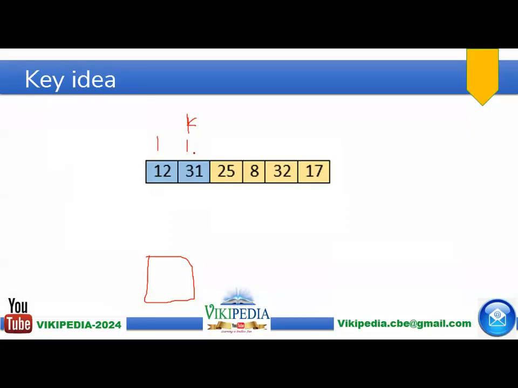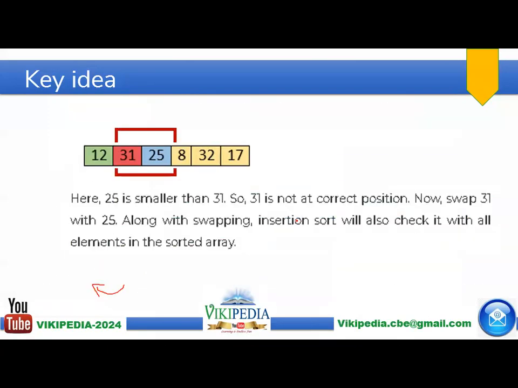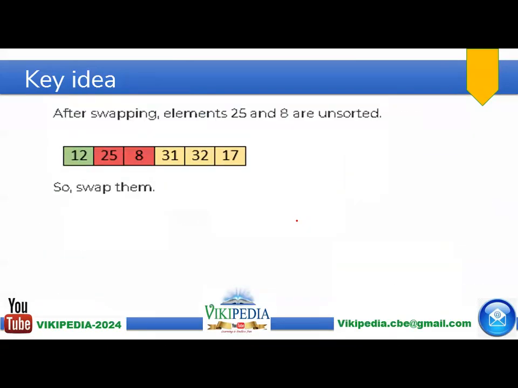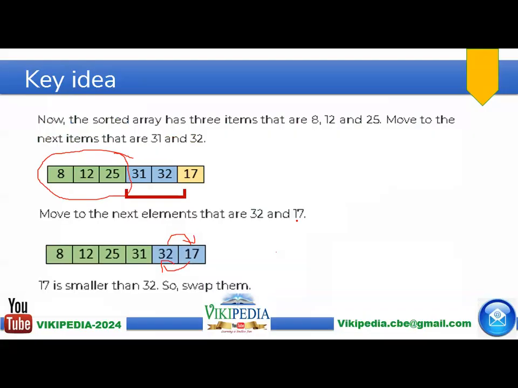Always place the greater one on the right-hand side. If it is in sorted order, move to the next two elements and repeat the same. Also always check with the already sorted data. Repeat until all your data is sorted. So this is how insertion sort works.